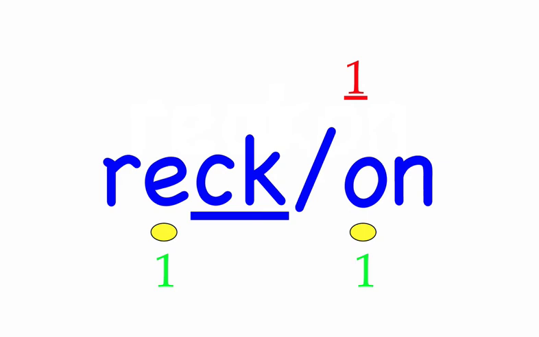The way we say this word in conversation is reckon, but for spelling, rec-on. Notice we have the 1 above the word, the syllable division rule, underlined because we have an exception occurring here. CK never begins a syllable. It must come at the end of the syllable, so we must divide the word after the CK team. And CK must have a short vowel directly in front of it as well.